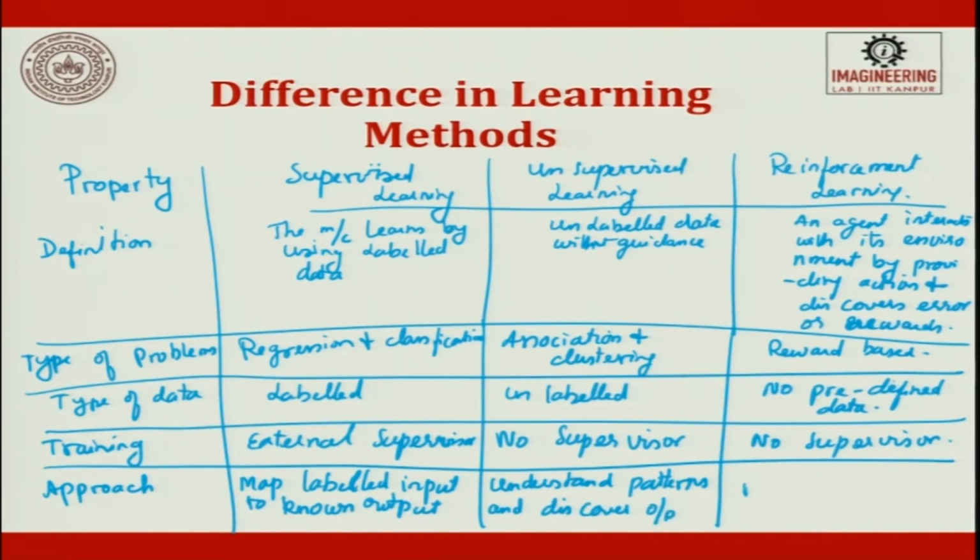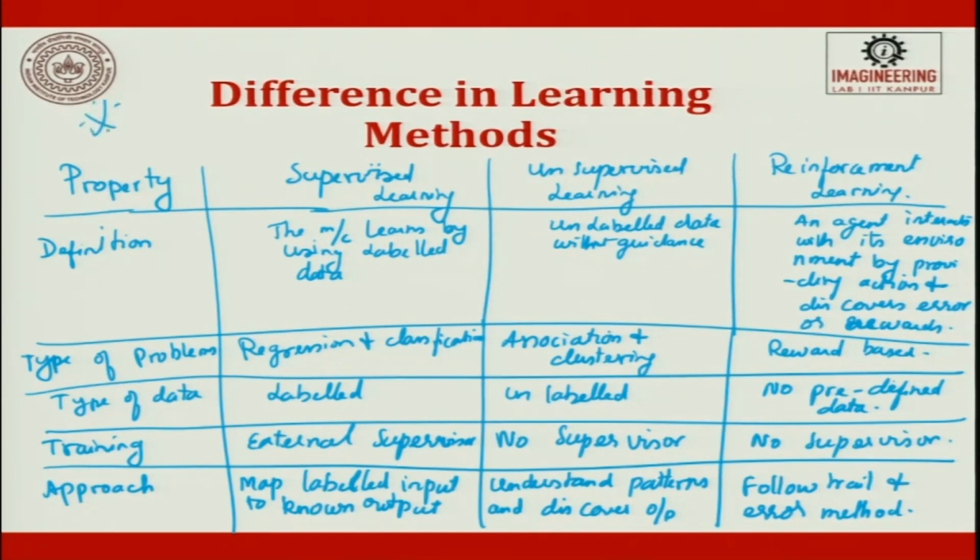Okay, here it is follow the trial and error method. Okay. So these are the comparison when we take the properties with supervised, unsupervised and reinforced learning.